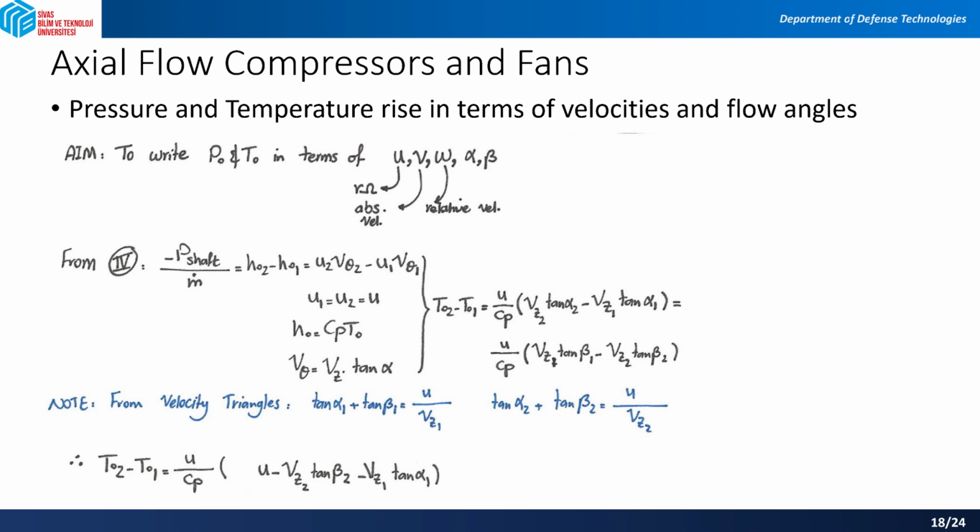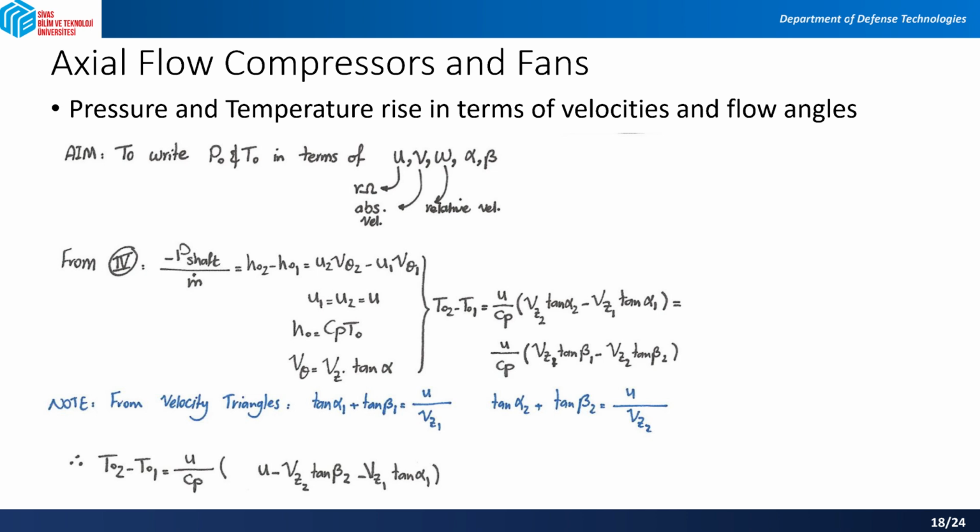We know that our tangential velocity is nothing but Vz times tangent of alpha. If you go back to this, whatever velocity you have in this way, theta is obtained by the tangent. So you have this. Then you can end up with this equation.